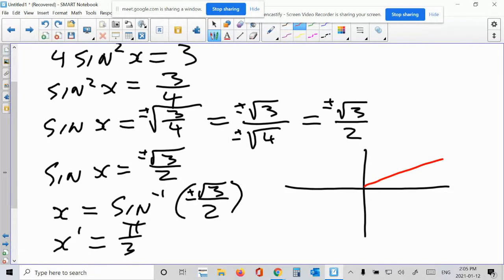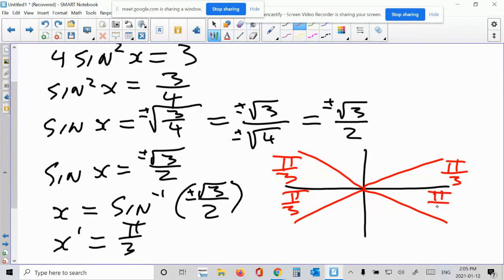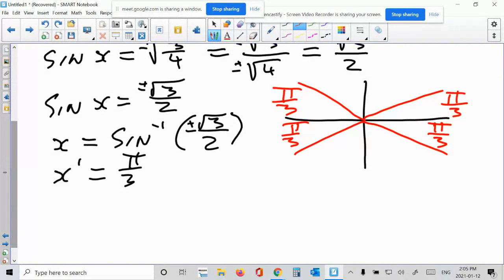I'm going to put in a pi over 3 in all 4 quadrants. Now remember, I'm always starting from 0, and I'm going in a counterclockwise direction. So the first answer, this x prime, is the pi over 3. The first answer that I would expect to have is that x itself is equal to pi over 3. That's the one in the first quadrant.